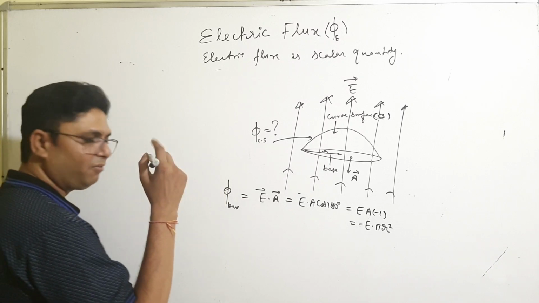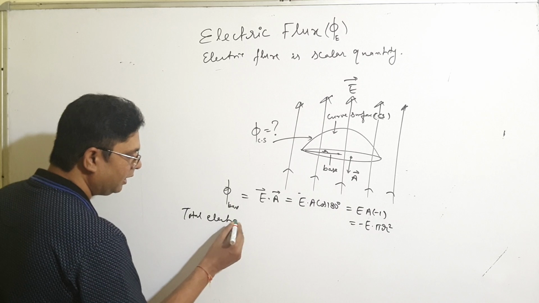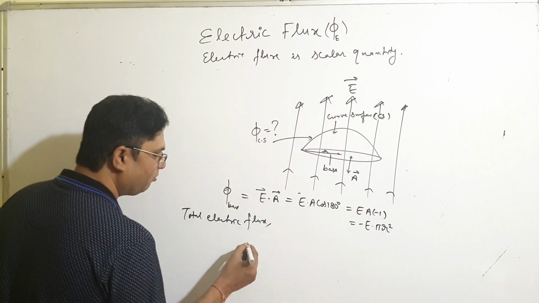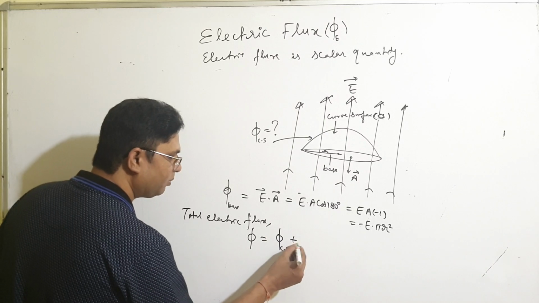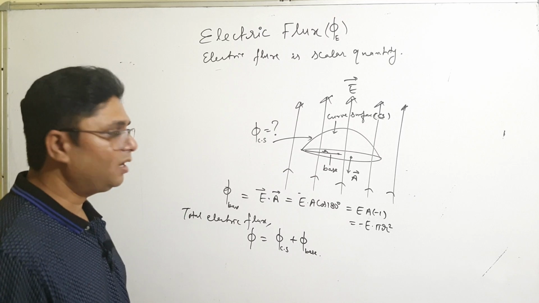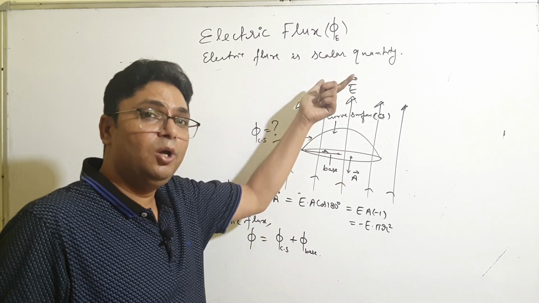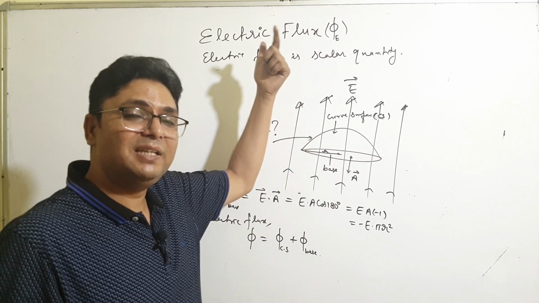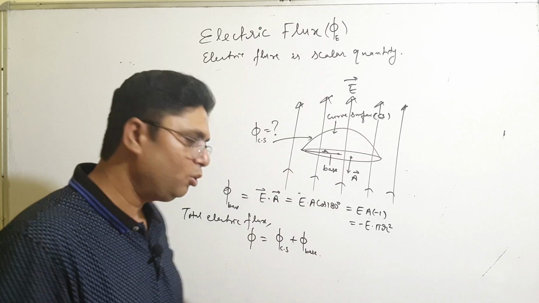Now total electric flux phi is equal to phi curved surface plus phi base. As the number of electric field lines entering is equal to the number of electric field lines leaving, flux entering equals flux leaving. This means that total flux through the surface is 0.